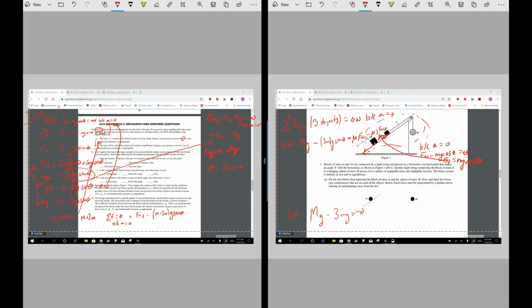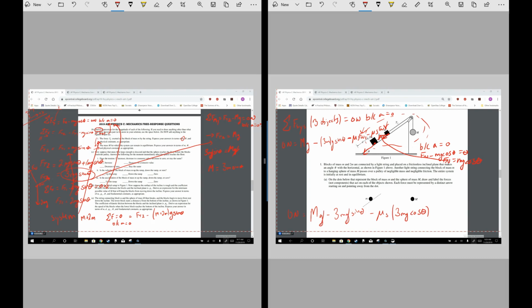And then the μs is common to both of these, so minus μs times, so this here is going to be 2mg cosine theta. This here is 1mg cosine theta, so this would be 3mg cosine theta, all equals 0.